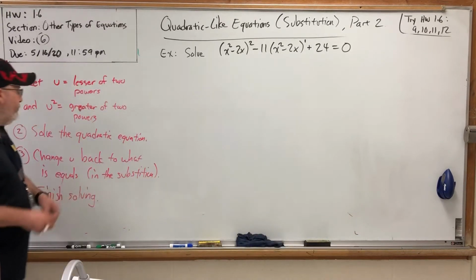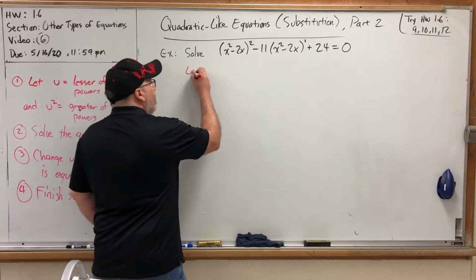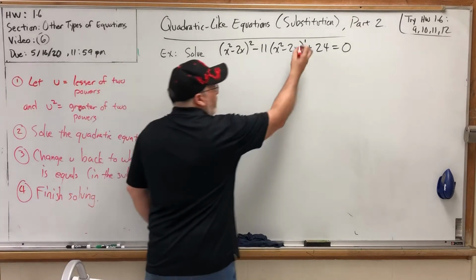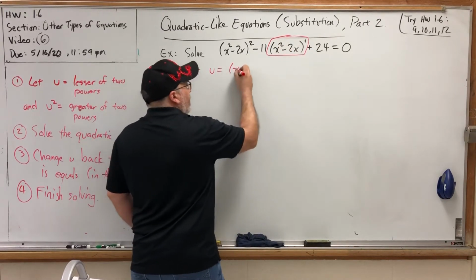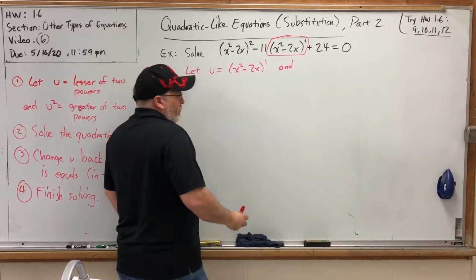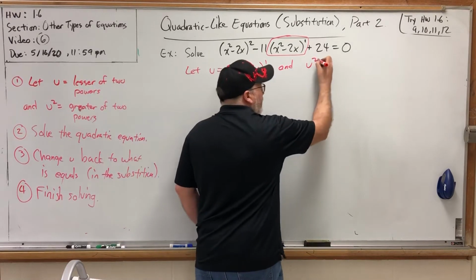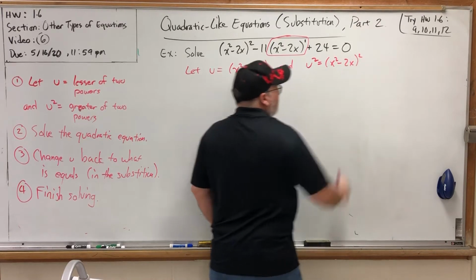So how do you do a substitution? You let u equal the lesser of the two powers. So we're going to let u equal this: x squared minus 2x to the first, and as a consequence, u squared is equal to x squared minus 2x to the second.